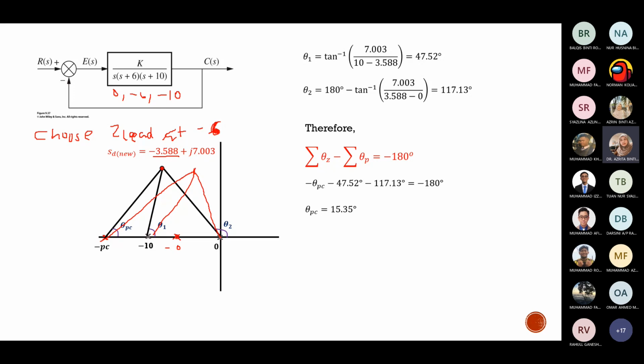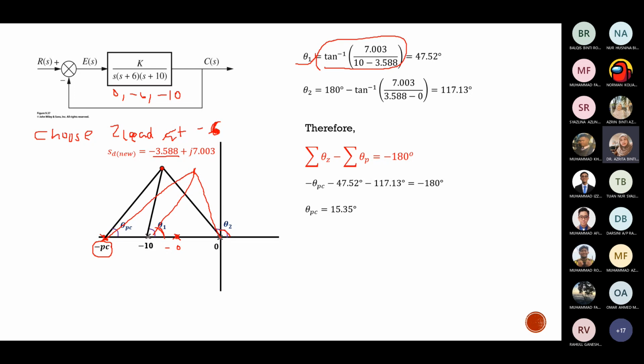Okay, so after that, we find the angles. I name them theta 1, theta 2, and theta PC. PC we can put at any place, because we don't know yet the exact location of the P lead, or PC. After that, we calculate the value of theta 1. Since theta 1 is located on the left side of the ST location, we apply the direct tangent formula.